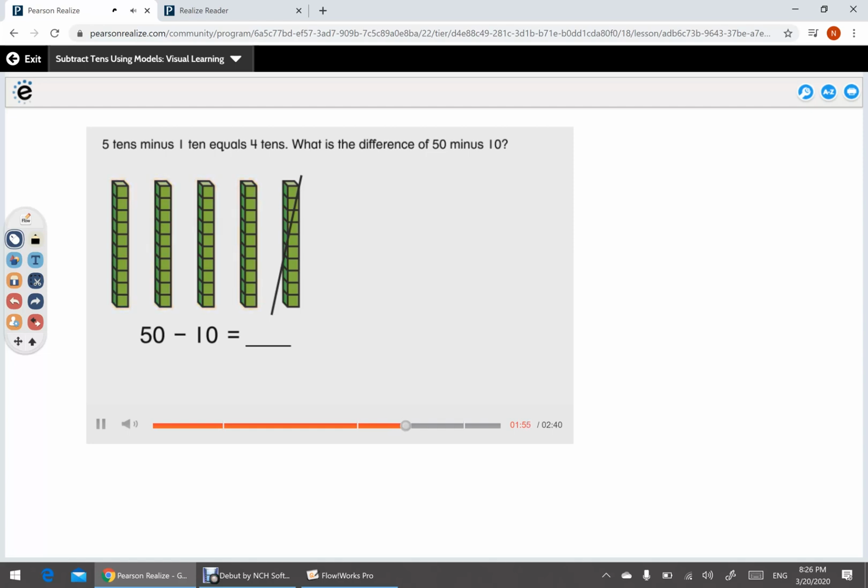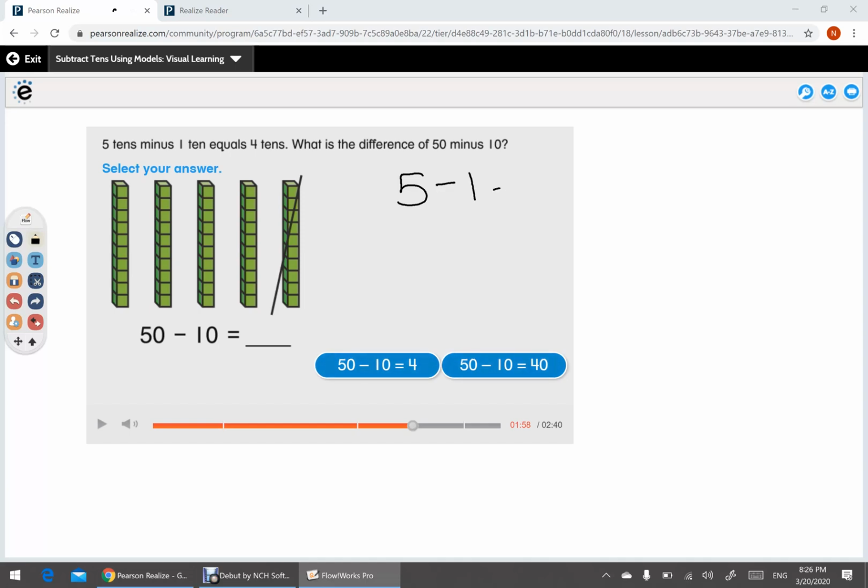What is the difference of 50 minus 10? Select your answer. Yes. Who will tell me this? We learned that 5 minus 1 equals 4, right?